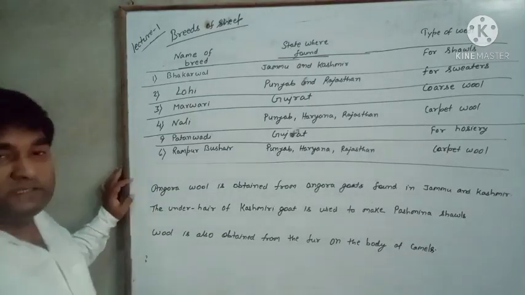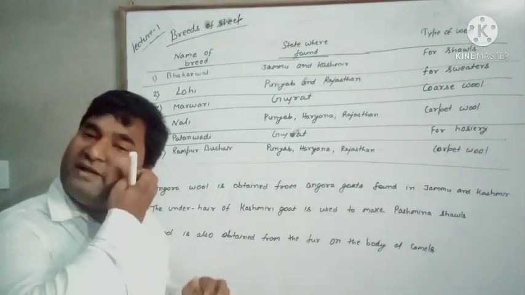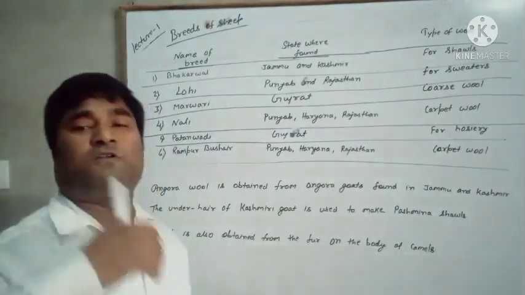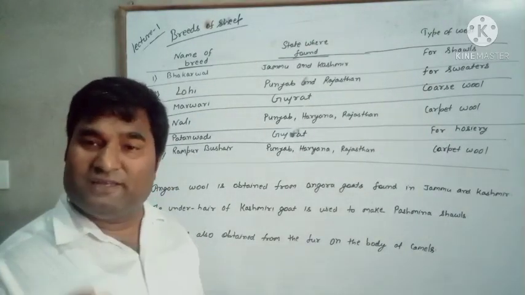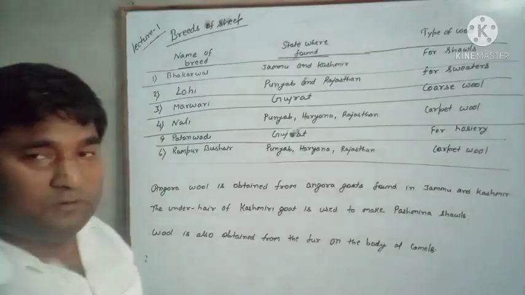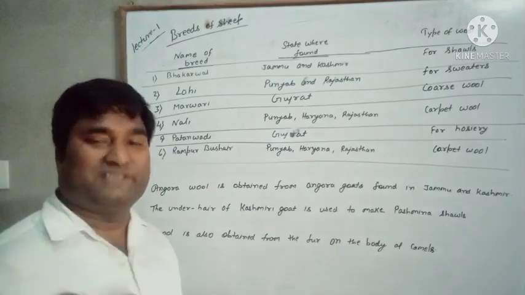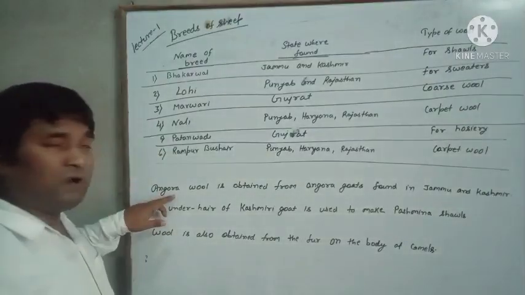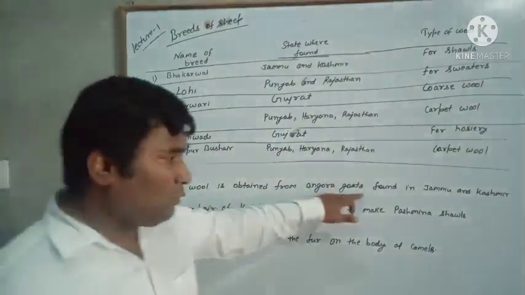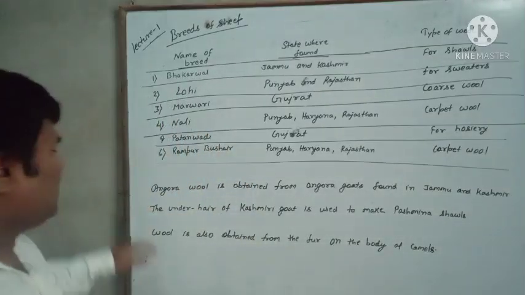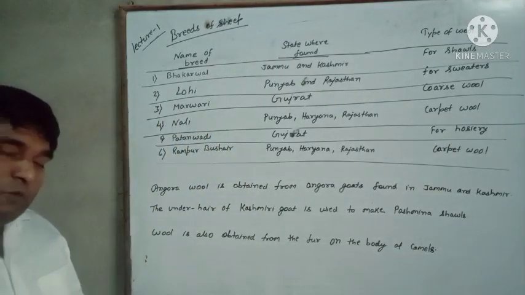Okay, next, I have told you mainly we get wool from sheep, but from some goats also we get some fine quality wool. See, Angora wool is obtained from the Angora goats found in Jammu and Kashmir. This Angora wool is a good quality wool.